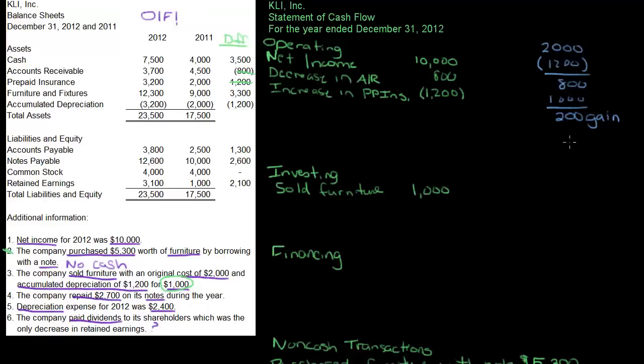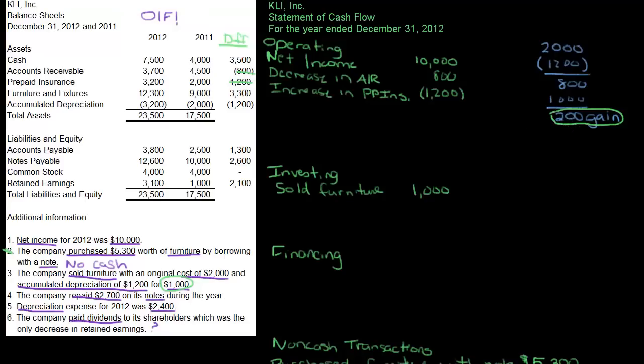Okay. Now what about this $200 gain that we calculated over here? What do we do with that? Well, that $200 gain is in my net income, right? And we already recorded the $1,000 of cash that we received from selling the furniture. So that $200 gain, this is a non-cash item.